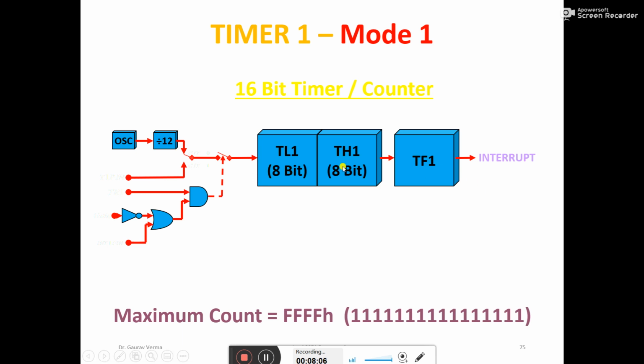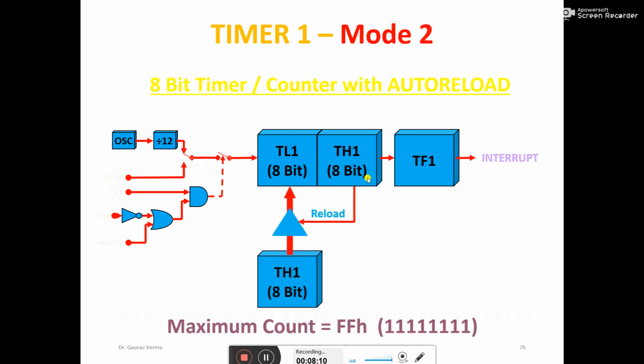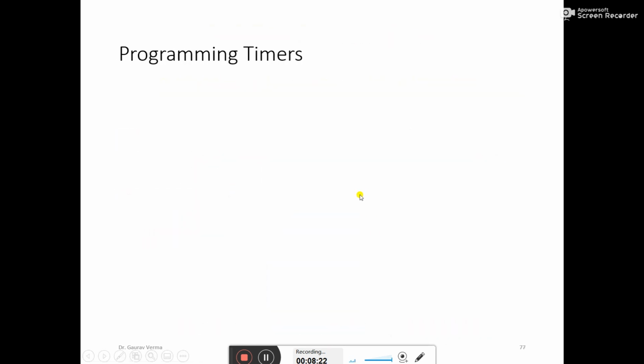In mode 1 of timer 1, both timers can be used and TF1 is used. In mode 2, similar to timer 0, FFH is the maximum count.